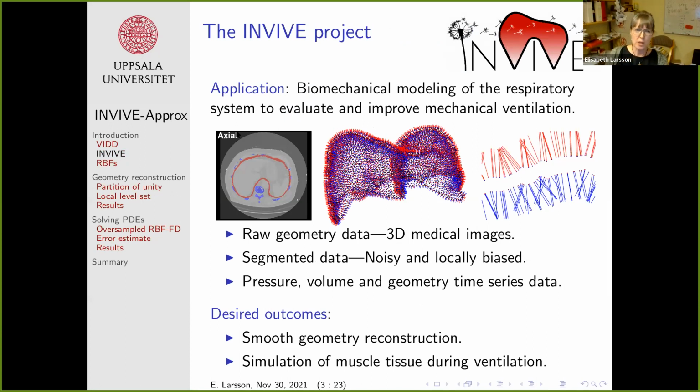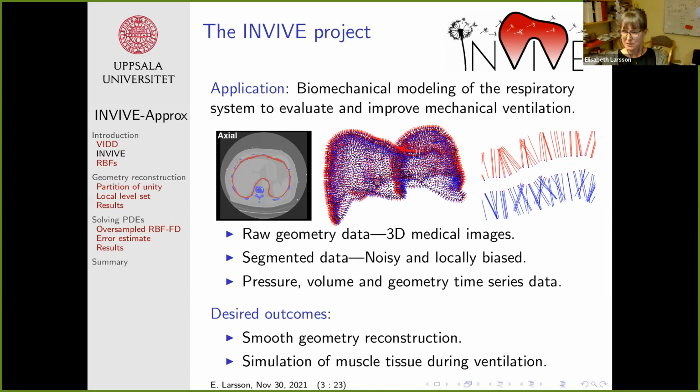The starting point is a medical image from a patient. In this medical image, we need to extract the diaphragm and perhaps also the ribs and the lungs and other important structures, but we're starting with the muscle part. It's really hard to find.